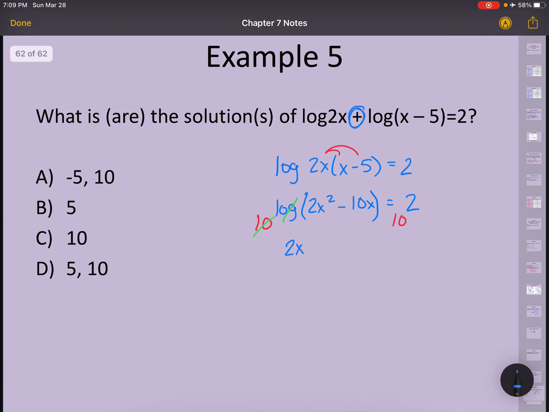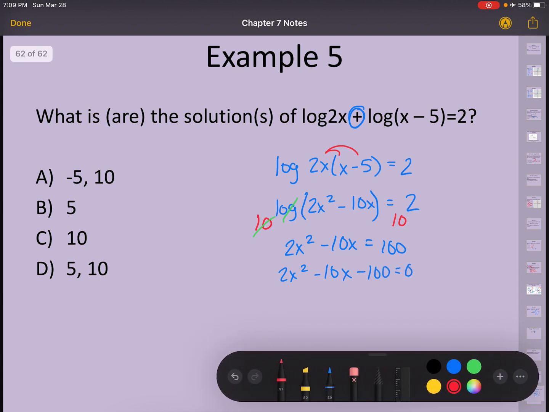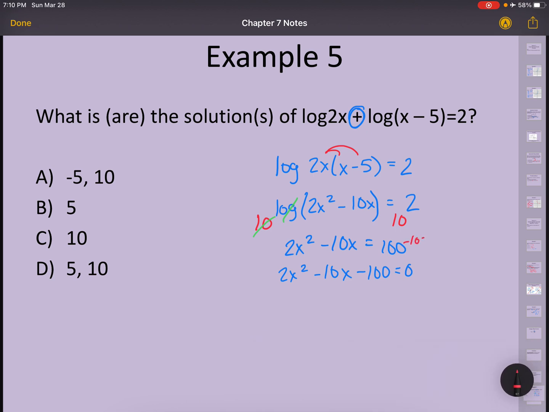So I'm left with 2x squared minus 10x equals 10 squared, which is 100. And now I can move that 100 to the left-hand side by subtracting it so that it equals 0 on the right-hand side.